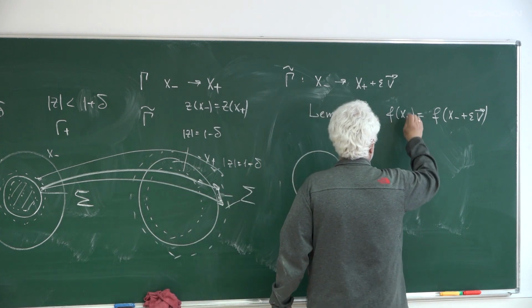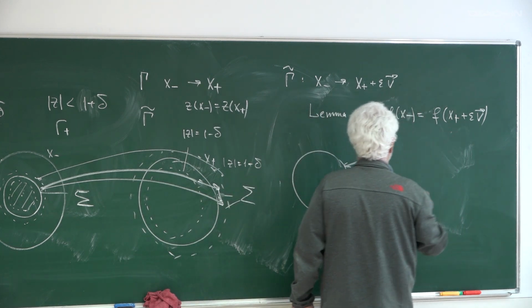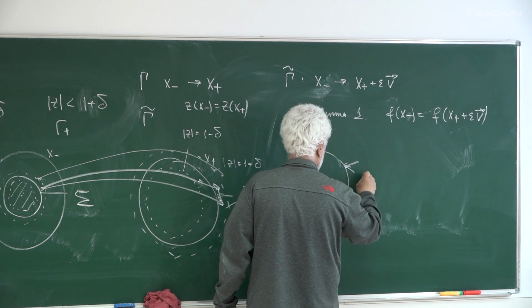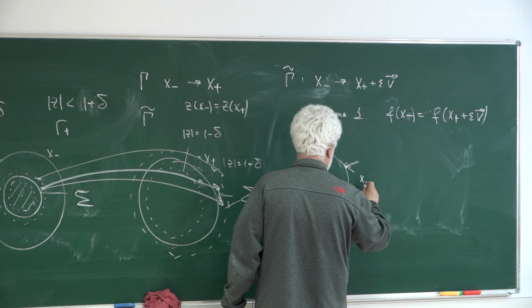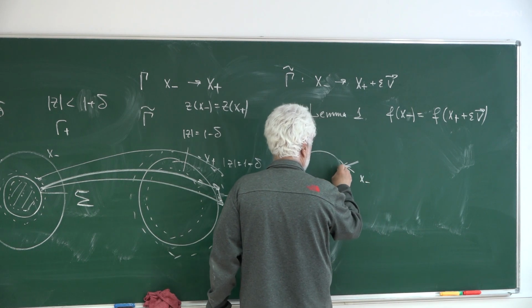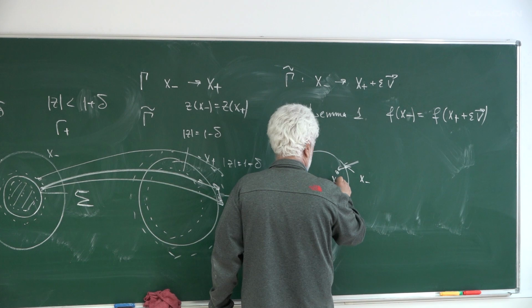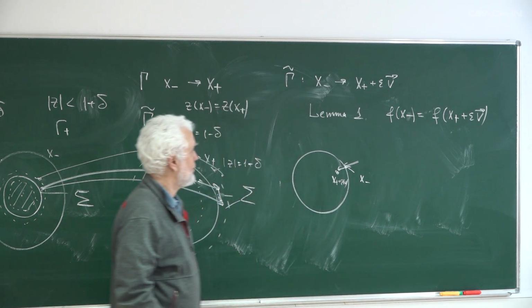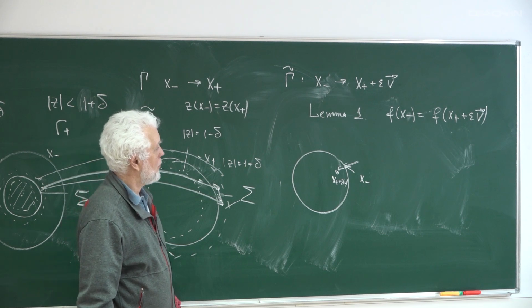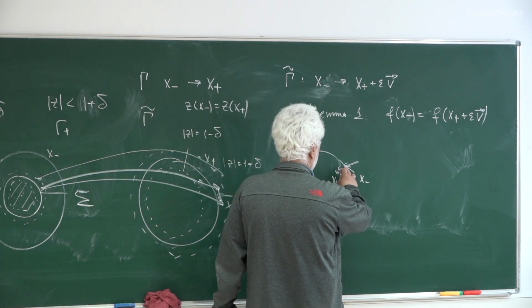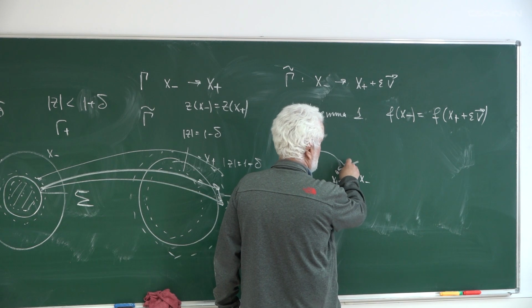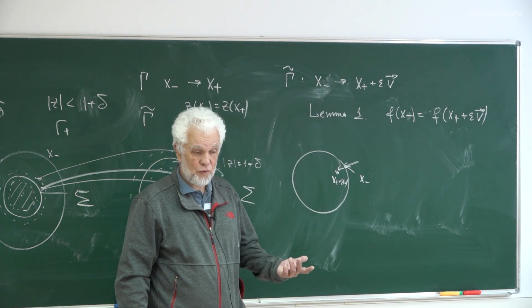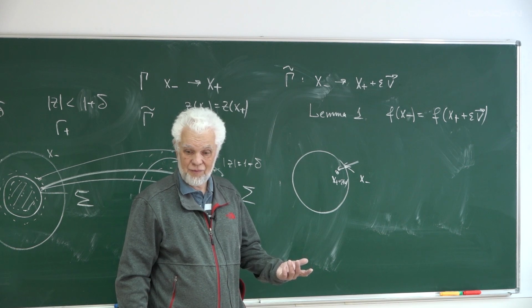But on the old Riemann surface, we have these discontinuous functions. So we have point x minus, and now it's attached to a new point, x. You agree? So the function here equals the function here, because we have a discontinuous system of coordinates.